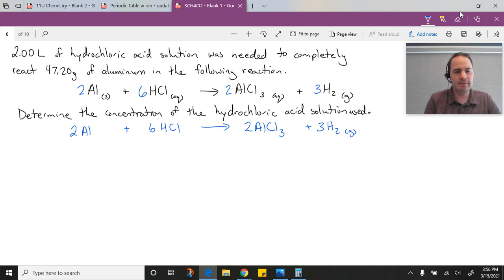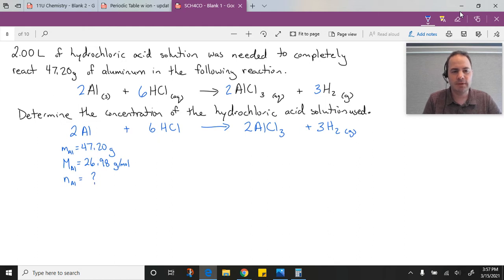So now I'm going to write down my givens and what I need to find. I know that I have a mass of aluminum, which is 47.20 grams. And remember that to get to moles, we need molar mass when we have a mass. So I'm going to jot down the molar mass of aluminum, which is 26.98 grams per mole. And that's enough information that I'll be able to find the moles of aluminum, right?